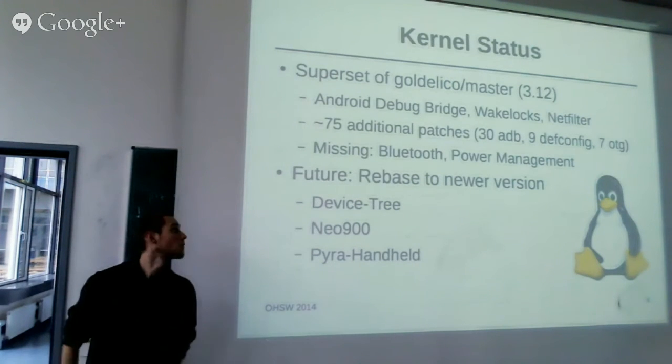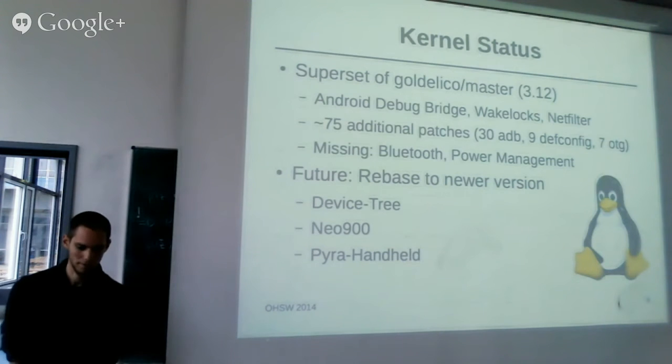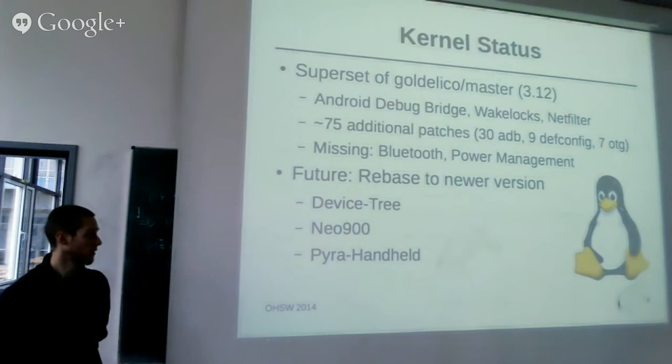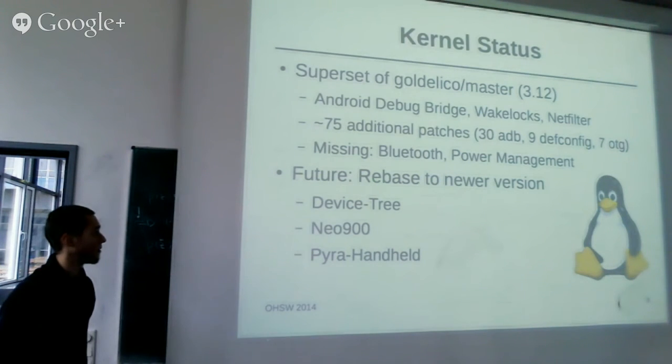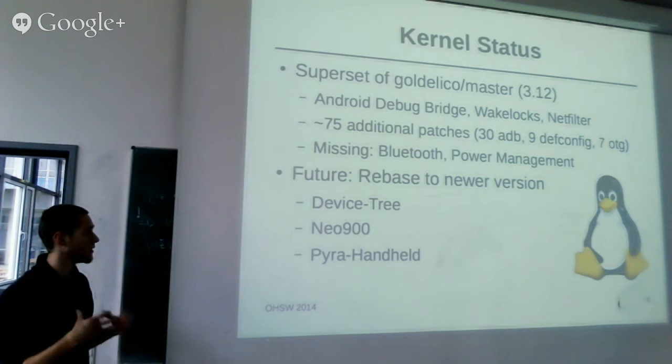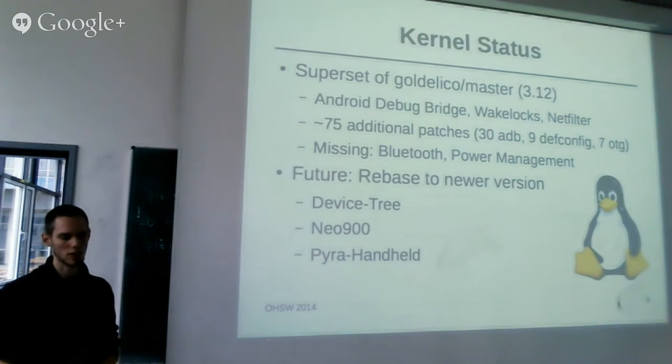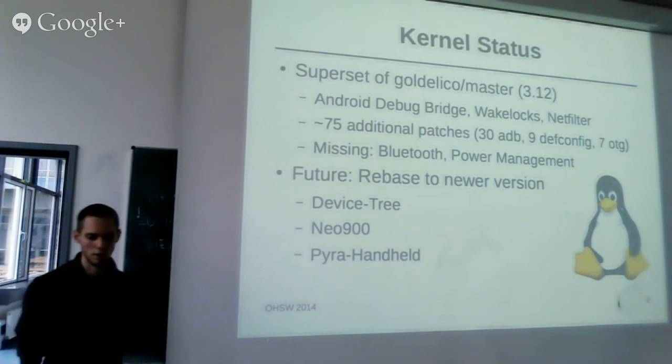Okay, and now a short look at the kernel. The 3.12 Replicant kernel is based upon the 3.12 GTA04 kernel, but as I mentioned before, I needed to integrate some special drivers which are needed for Android and do some changes.